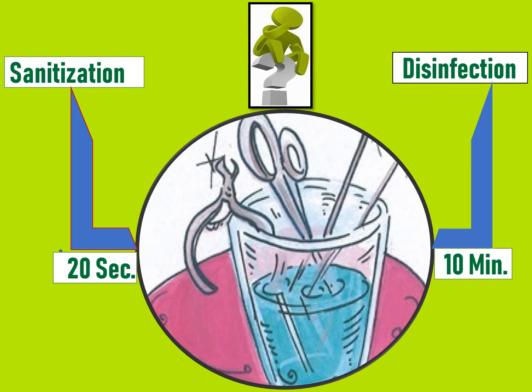That means we are not going to have 100% purification. Sanitization takes about 20 to 30 seconds, because as I already told you, it is up to a certain level. Whereas disinfection takes a certain time, it may even be up to 10 minutes.